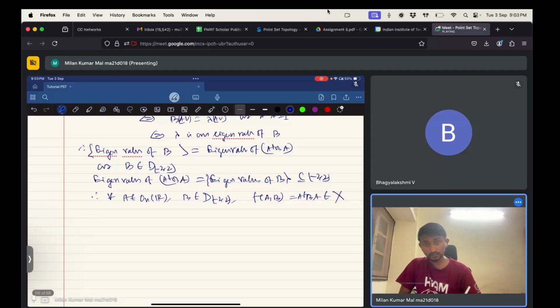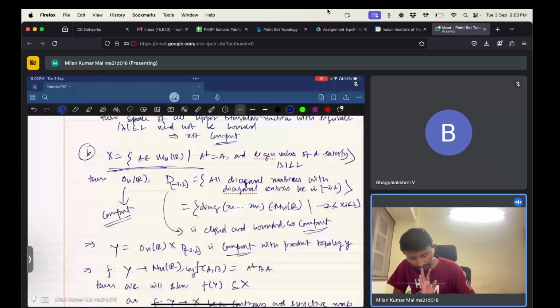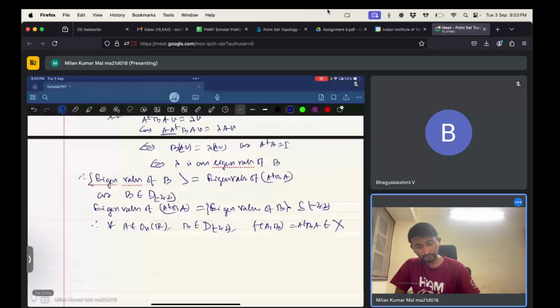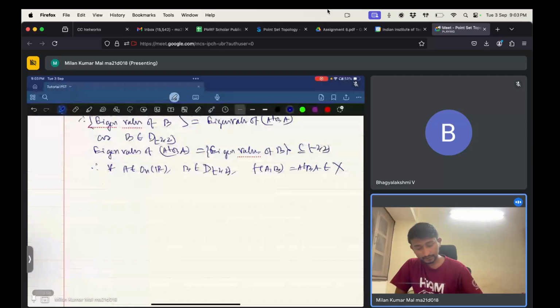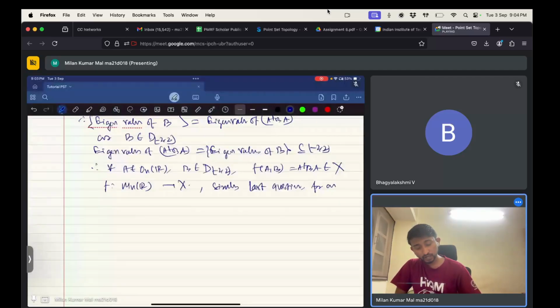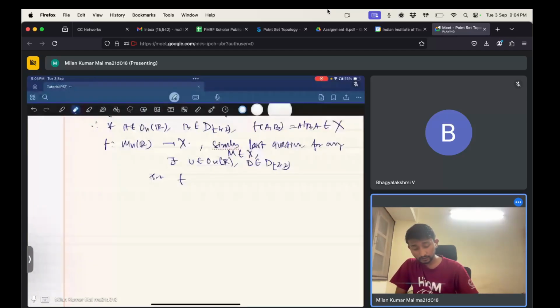So that means F is from O_n(R) times D to X first, and similarly, like the last question, for any M belongs to X, there exists U belongs to the orthogonal matrices O_n(R) and a diagonal matrix D coming from this set such that F of U, D is equal to U transpose D U, which is equal to M. So F is surjective. So that completes the proof, and F is surjective and continuous.